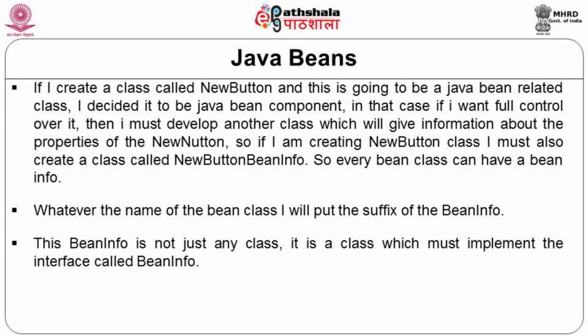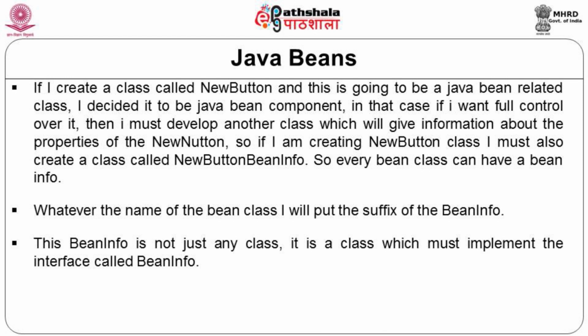In that case, if I want full control over it, I must develop another class which will give information about the properties of the NewButton. So, if I am creating a NewButton class, I must also create a class called NewButtonBeanInfo. Every Bean class can have a BeanInfo; it is not a must.